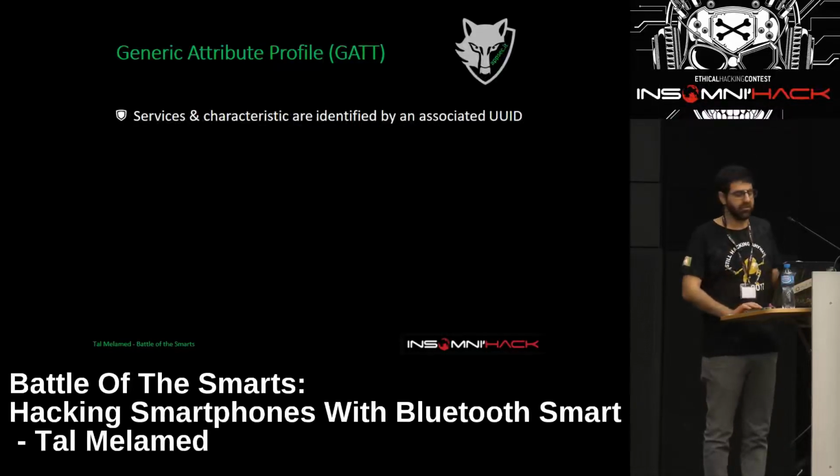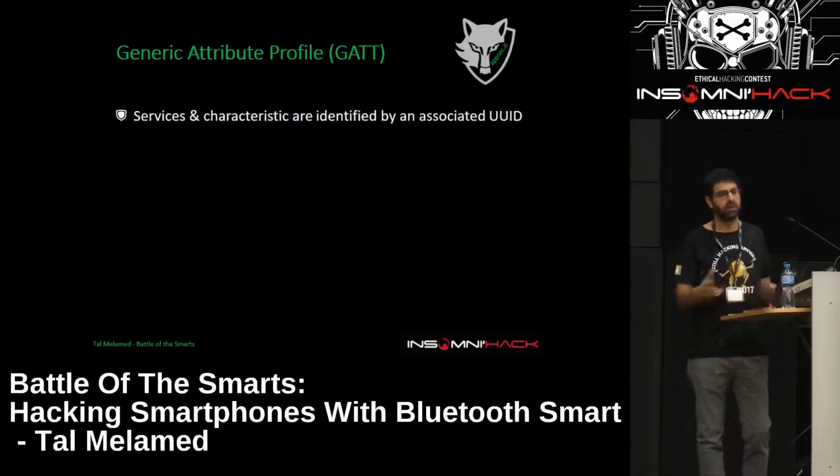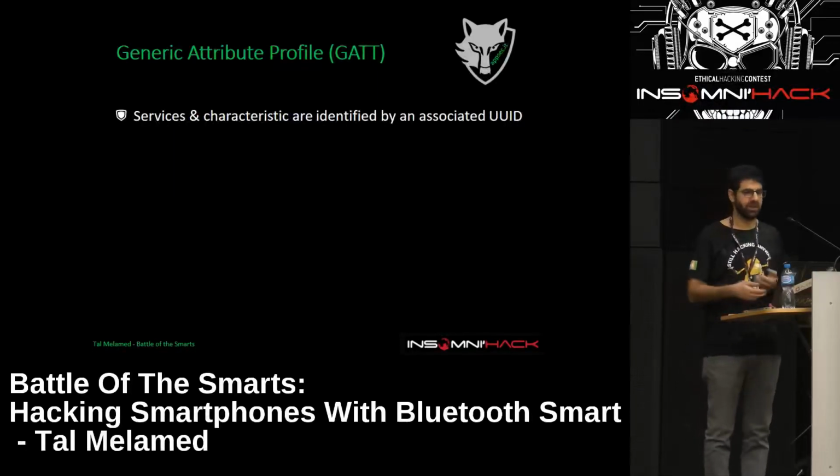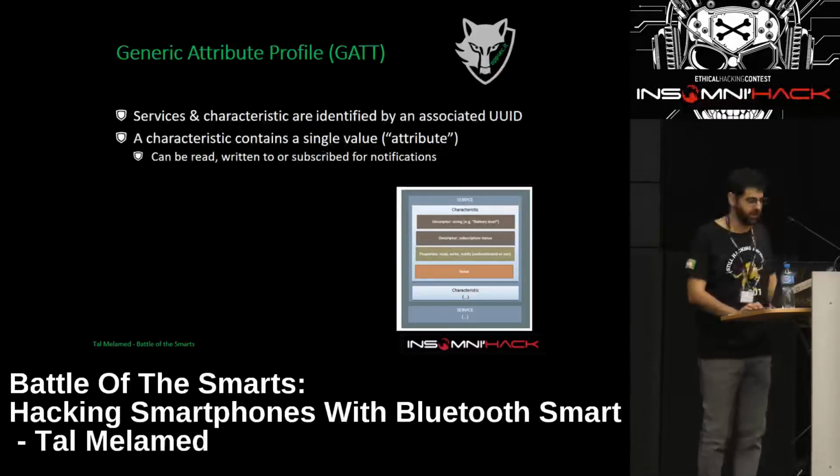If it's a phone or a smartwatch, you have other features like emails, so you need to be able to communicate with it. How does the app know what type of data to send and which service to connect to? This is all defined in the characteristics of the GATT.